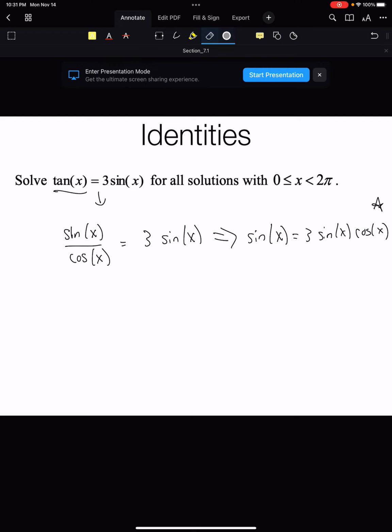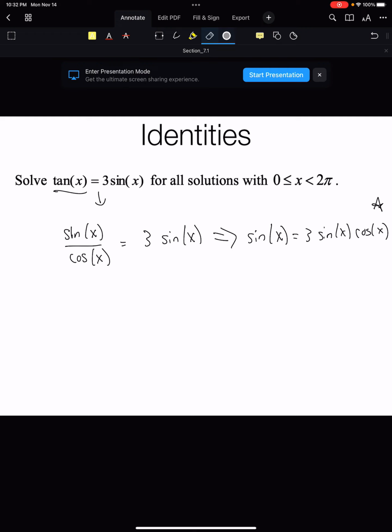But that's actually not what we want to do here. There's a mathematical reason why we wouldn't want to do that, and I won't go into that. Instead, I want to bring everything over to the left-hand side. I want to get an equation in the form of something equals 0.